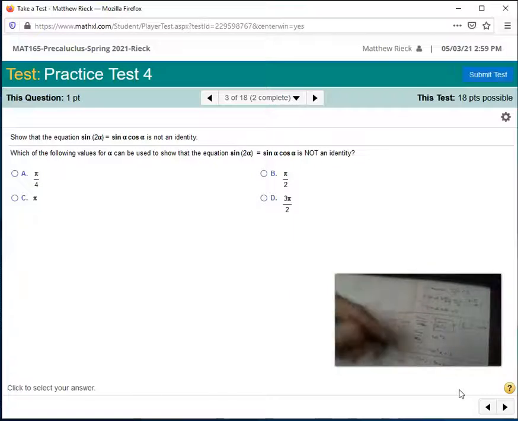When I plug in pi over 4 for alpha, I have sine of 2 times pi over 4, so that's the sine of pi over 2, which is 1. Then if I take the sine of pi over 4 times cosine of pi over 4, I think I end up with something that is not 1. I need to make sure my calculator's in radians.